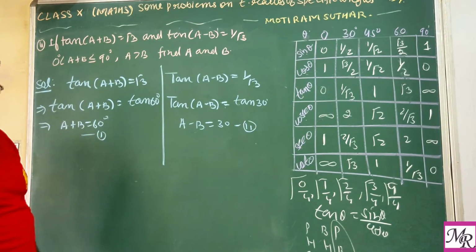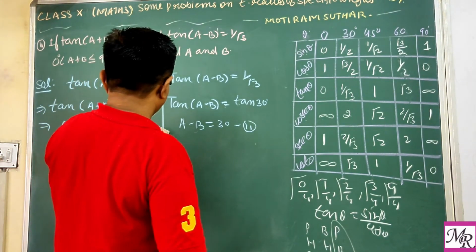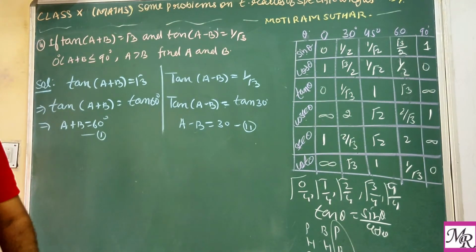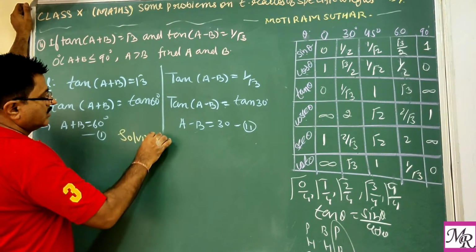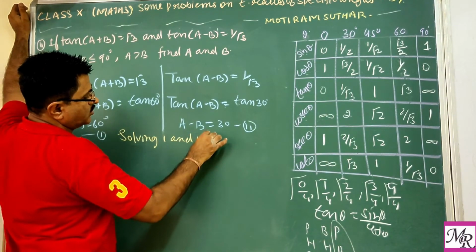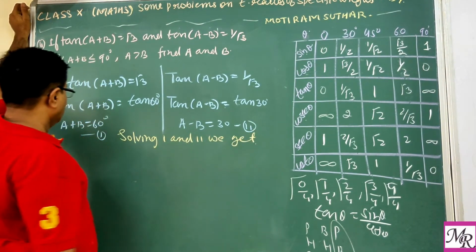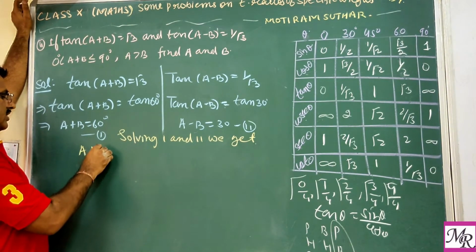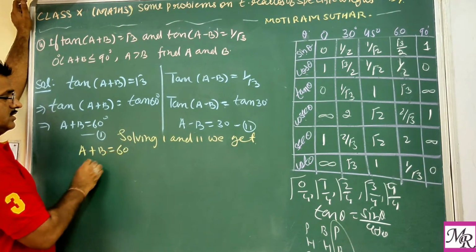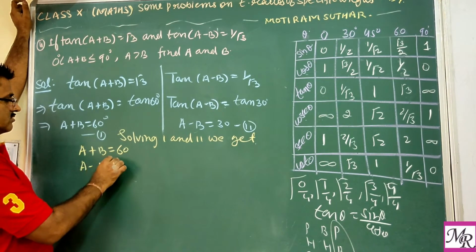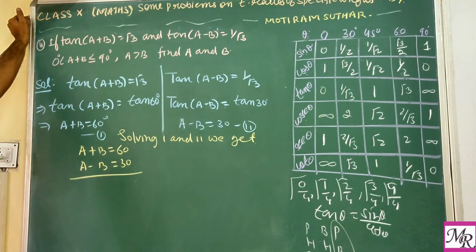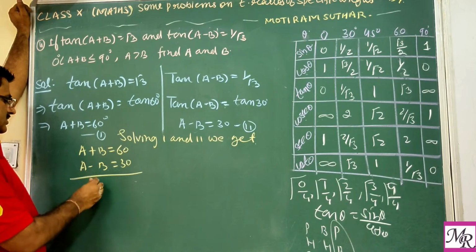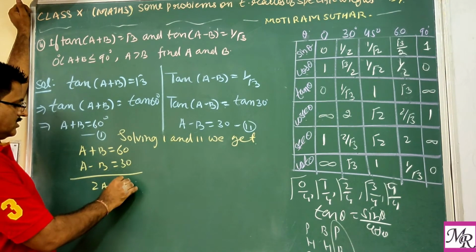Now solving these two equations, as you already know, a pair of linear equations in two variables. Here the variables are A and B. So solving 1 and 2, by the elimination method you can use A plus B equal to 60 and A minus B equal to 30. So add, minus B and B cancel, A plus A is 2A. So 2A equal to 90.